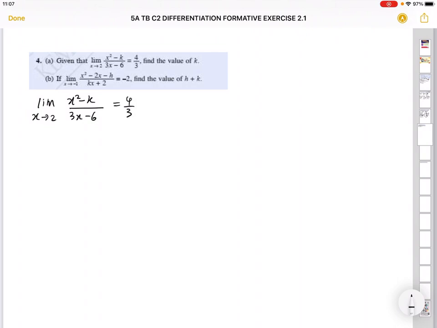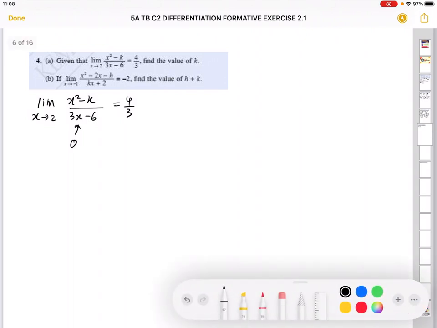So can we substitute 2 inside? Yeah? Can we substitute 2 inside? Answer is no. Because if you substitute 2 inside, your denominator will become 0. True or not? Yeah? So your denominator will become 0. So now obviously we cannot, something over 0, only 0 over 0 is indeterminate, right?